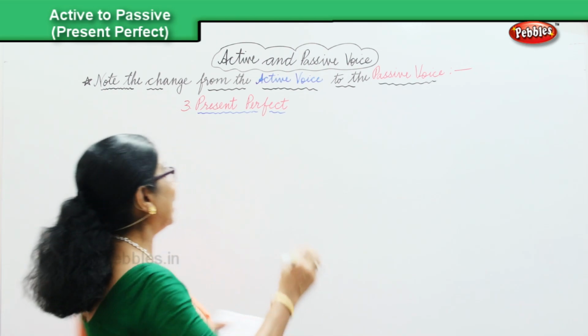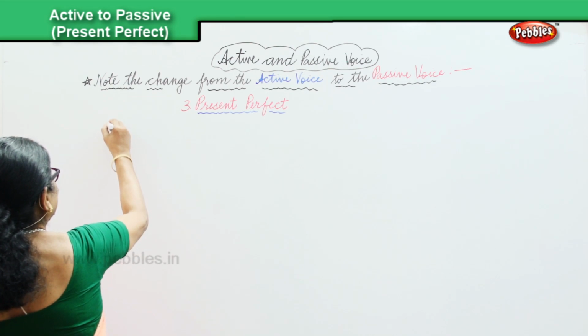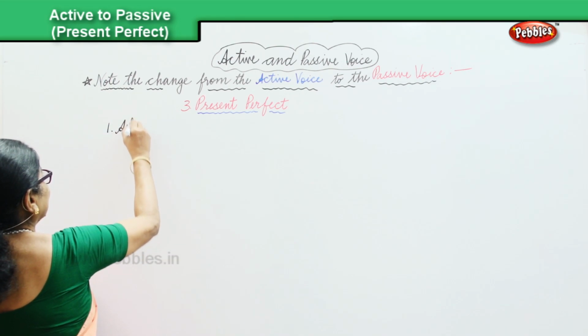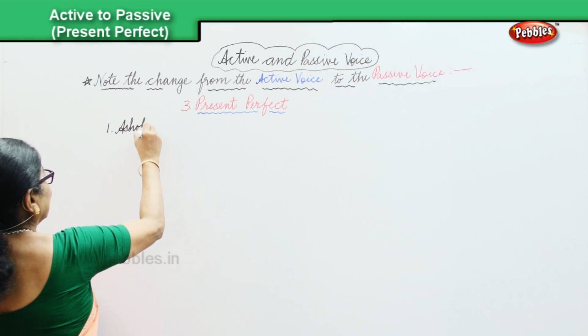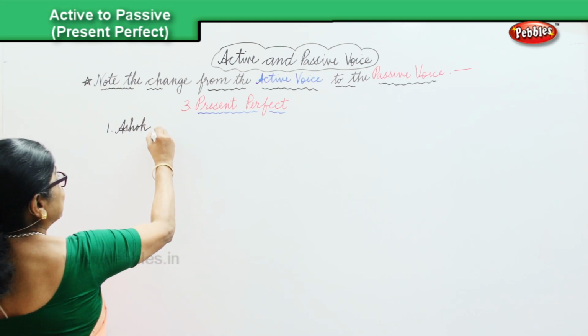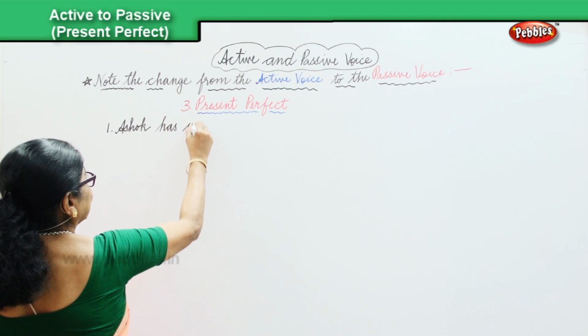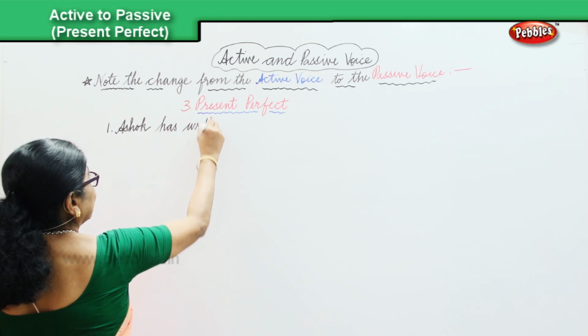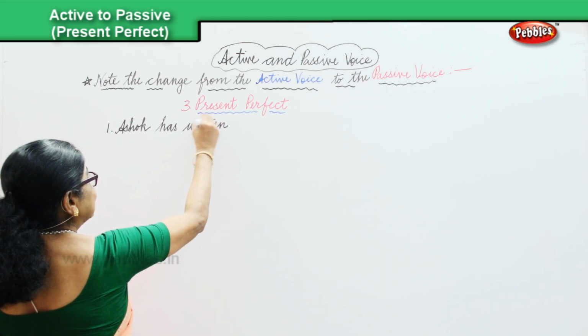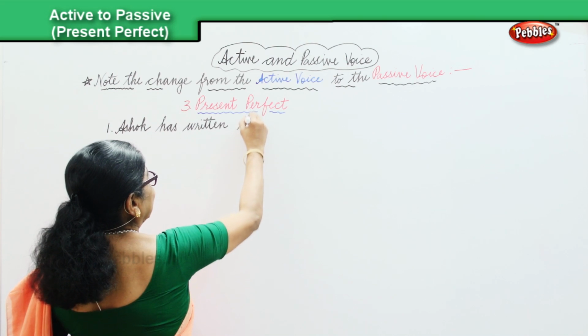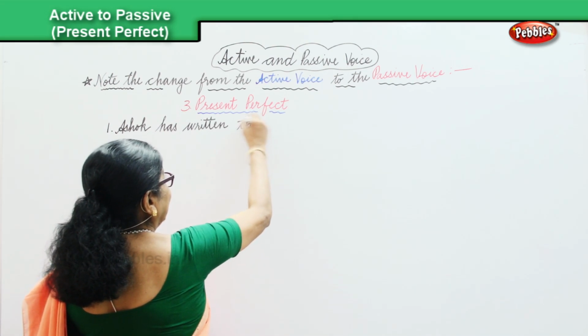All right? Now, the first sentence I have here is, Ashok has written this letter. Present perfect.